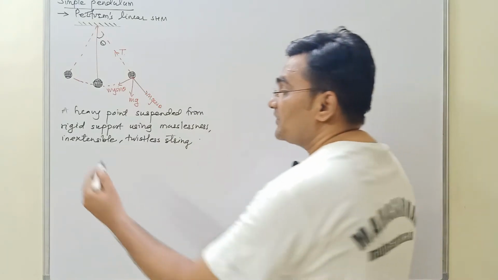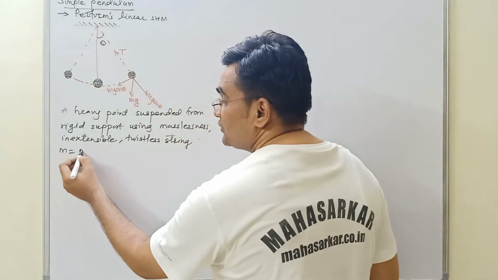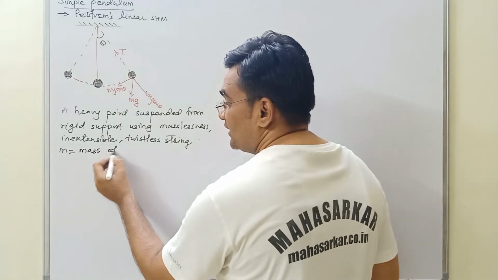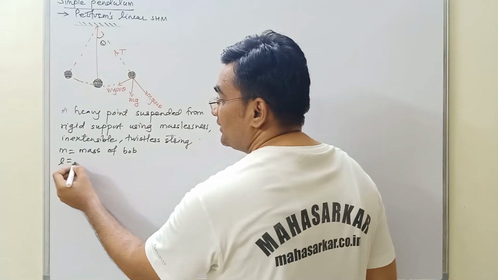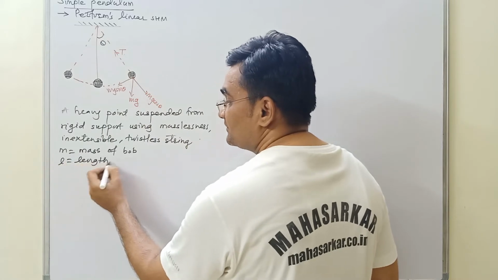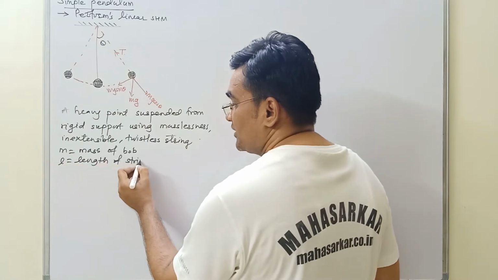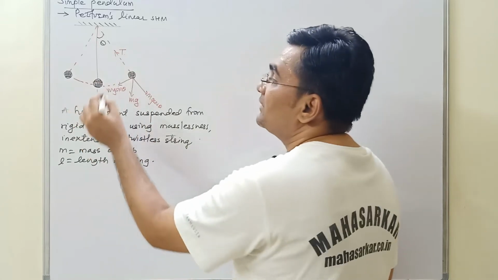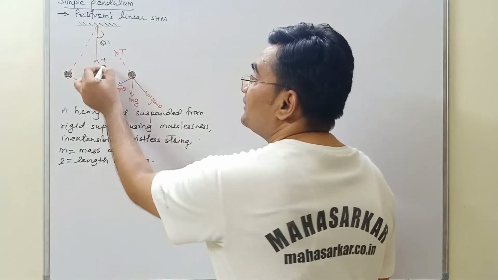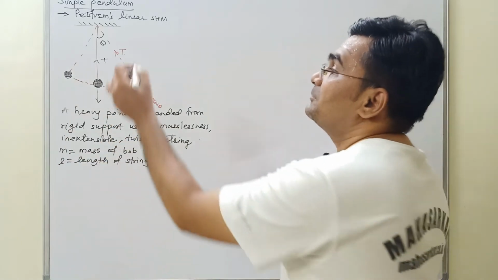So now let m be the mass of object. That object is bob. If attached to the thread, let L be the length of the string. When bob is here, the tension acting on the string is always toward the point of suspension.